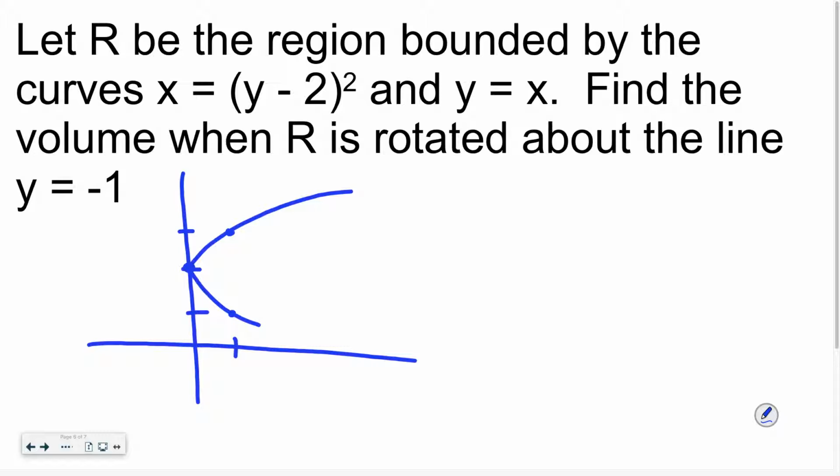And then y equals x. All right, so here's our region. And we're rotating about y equals -1.